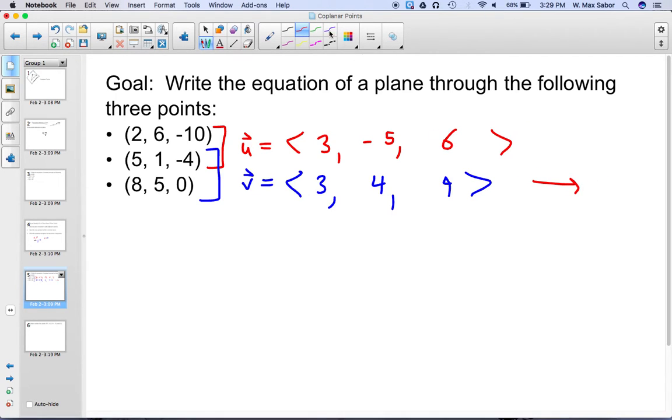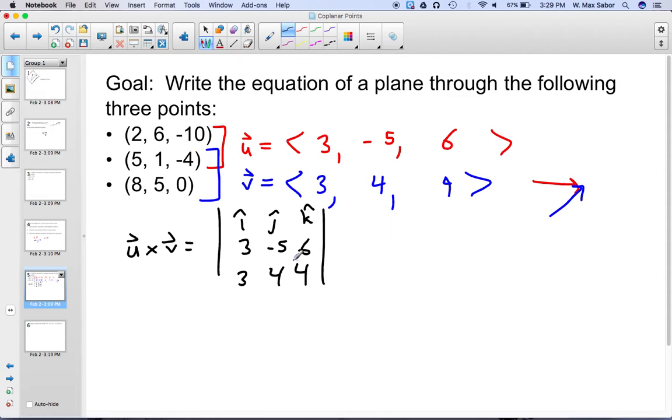These happen to be looking like this, but the point is that they're in the same plane, so their cross product is going to be perpendicular to that plane. So let's find the cross product of those. So the vector u crossed with vector v is i, j, k; 3, negative 5, 6; 3, 4, 4.